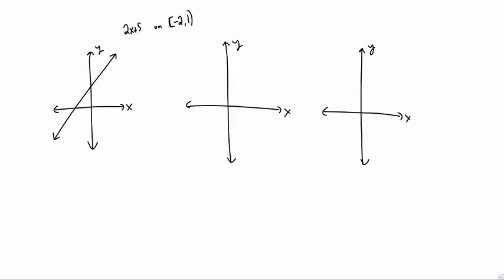Let's use a solid line for the vertical line x equals minus 2, and a dashed line for the vertical line x equals positive 1. So what we're interested in is this piece of the graph. This is the point (1, 7). And over here is the point (-2, 1).